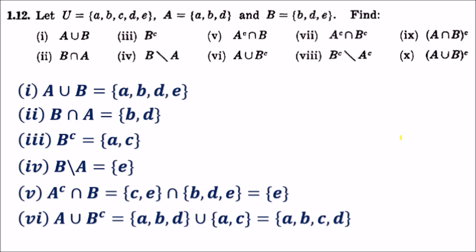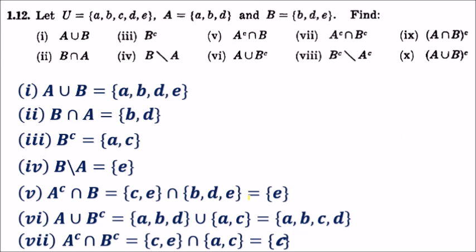For number 7, we have here the intersection of A complement and B complement. So first, unahin muna natin kunin yung complement. Kunin muna natin yung dalawang complement.